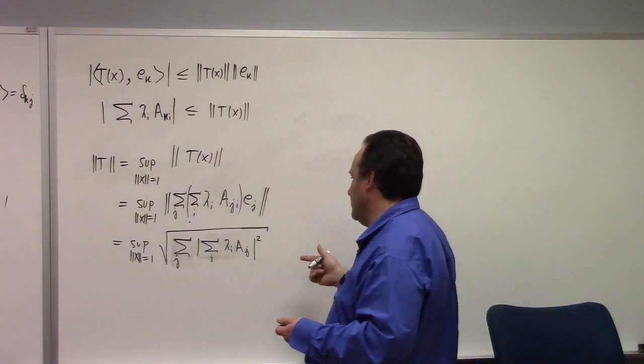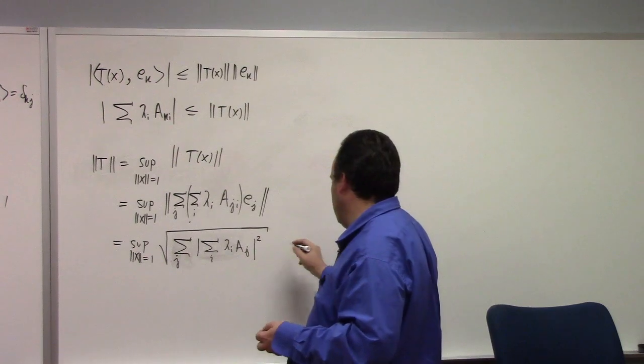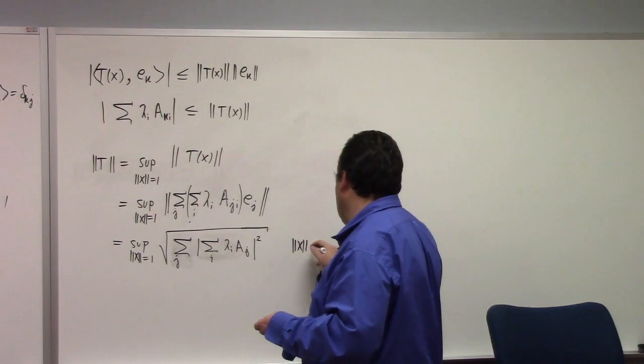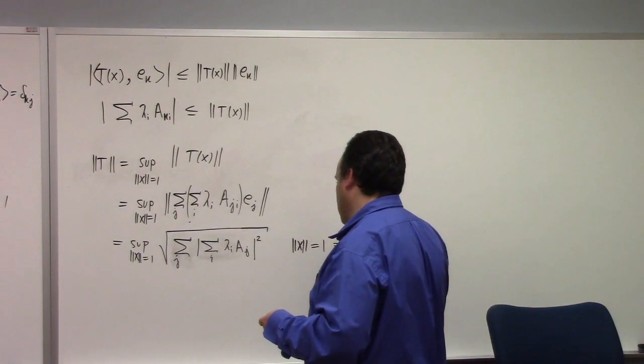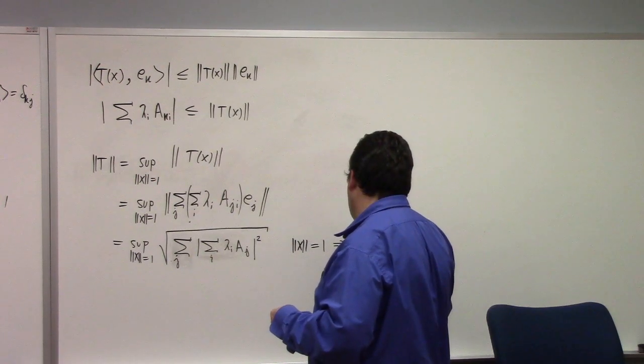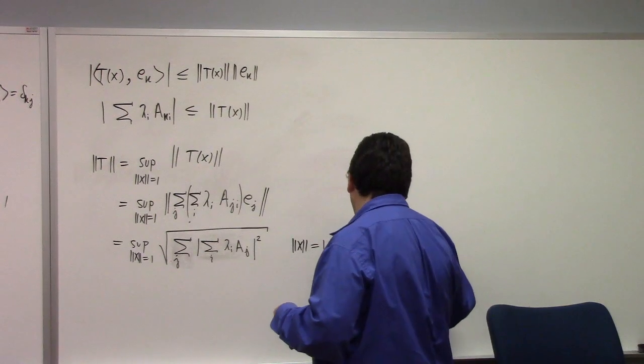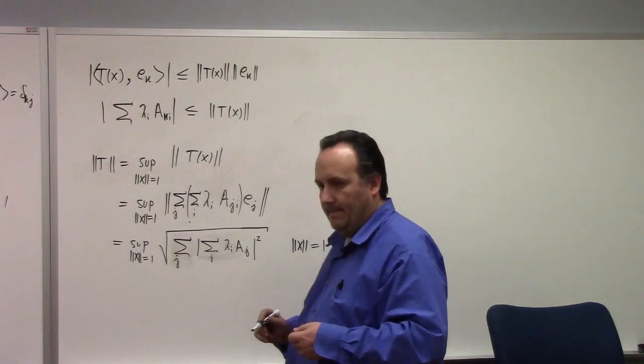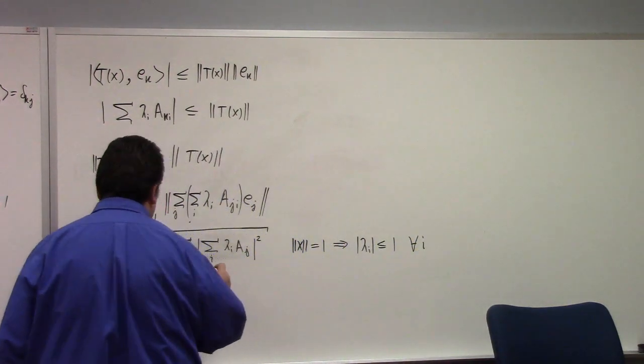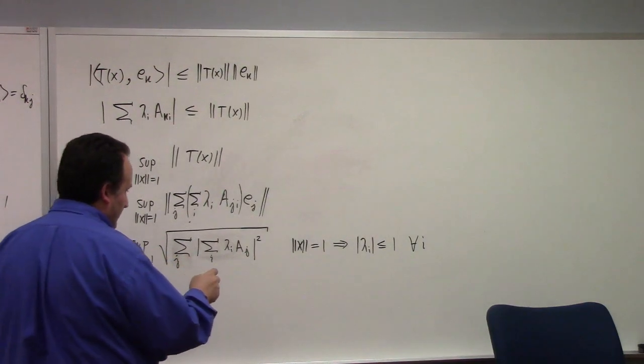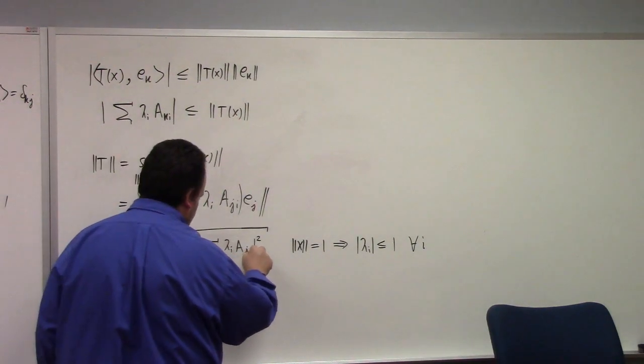And then the thing is, the norm of x equal to 1 implies that the modulus of lambda i is less than or equal to 1 for all i, right? And that was a_ji, my bad.